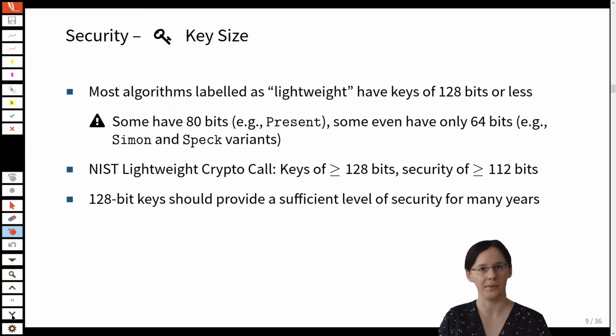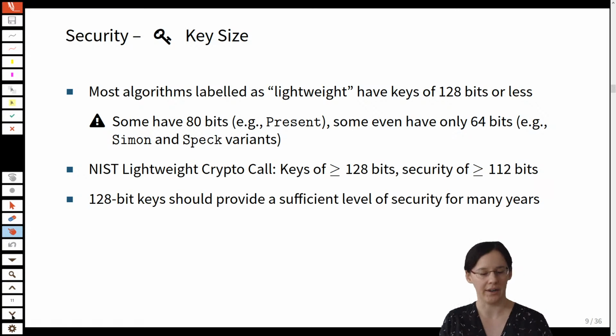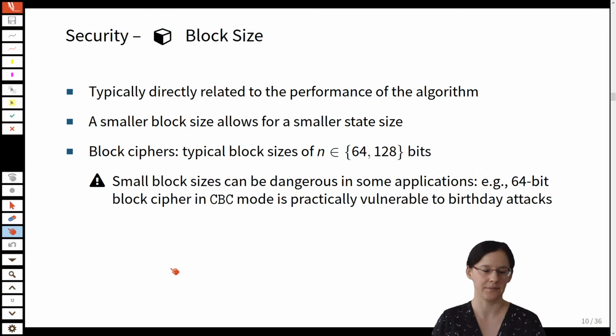They're even okay with larger keys. And it's acceptable if the security level is a tiny bit below the key size, but it should also be at least 112 bits. So NIST does not consider smaller key sizes acceptable even for lightweight ciphers. So there's actually not that much of a compromise to be made in terms of key sizes.